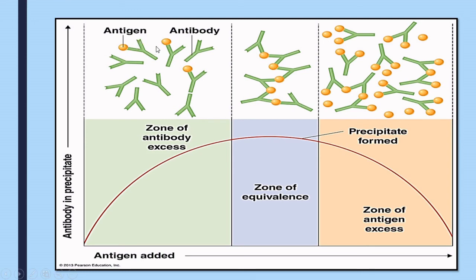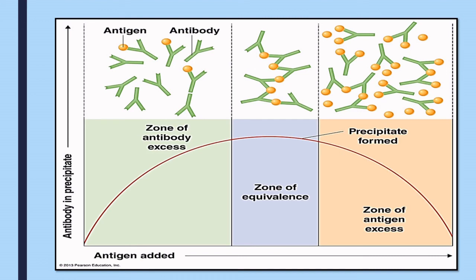Now this one or two antigen are keeping the rest of the paratopes unbound. And because paratopes are unbound, what is happening? There is no lattice formation. Can you see that? Whereas if you have more amount of antigen, that will also not be good, because they are going to block all the paratopes of one antibody, both the paratopes blocked. Can you see that? So there is no lattice formation even in the zone where antigen is in excess.